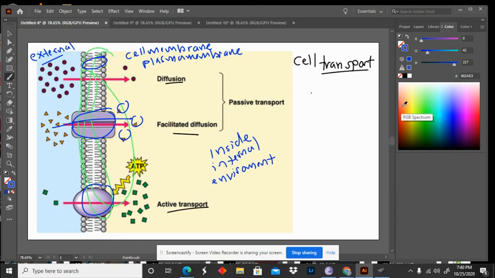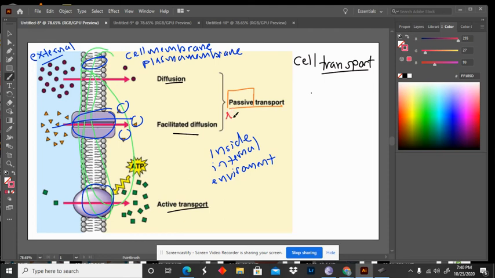Now, both of these types of transport are defined as passive transport. The reason they're referred to as passive transport is because the cell does not have to use energy in order to have this process happen. It just happens because of the molecular motion. The cell itself does not use energy to have this process occur.